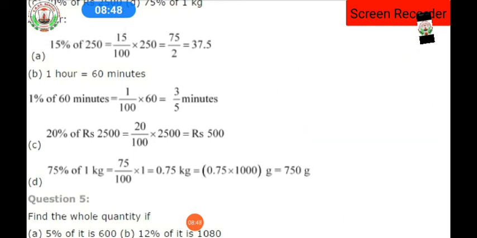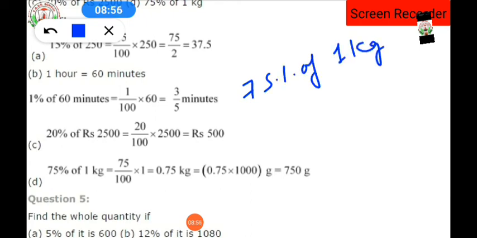Clear? In the same way, the last part of question number 4 we have as a revision. So 75% of 1 kg. As we know, 1 kg is equal to 1000 gram, isn't it? 1 kg is equal to 1000 gram. So in place of kg we are going to write 1000 gram.